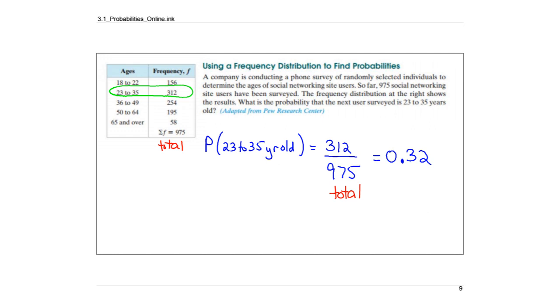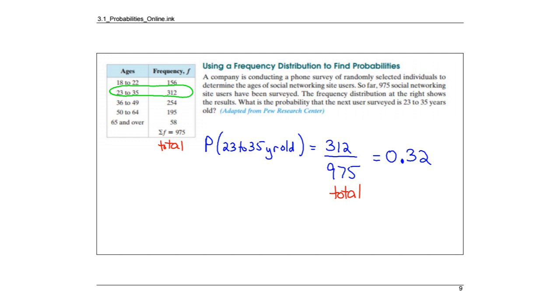All right, so now we have a frequency distribution. We're used to this. We have ages in the first column, so their age ranges from 18 to 22, 23 to 35, and so on. And then the frequency. They were doing a phone survey, so they asked them how old they are, and then if they used social networking.